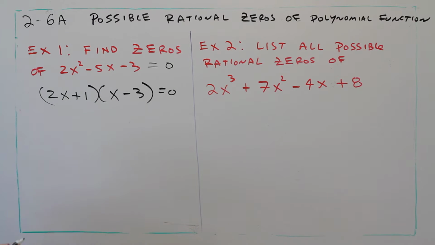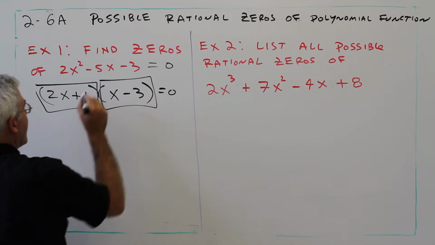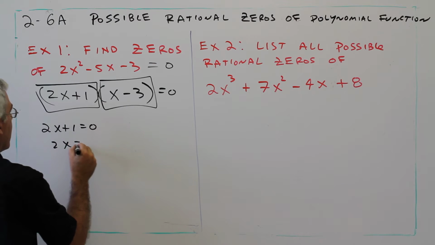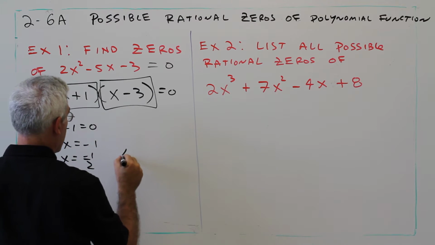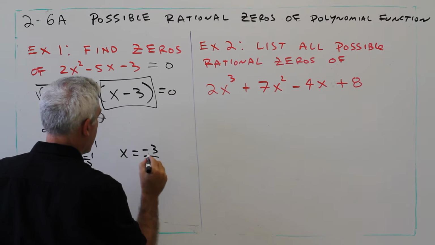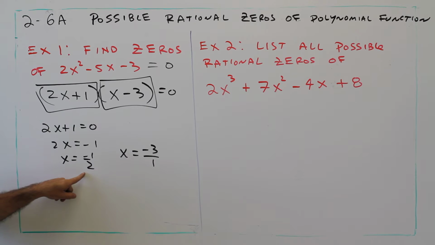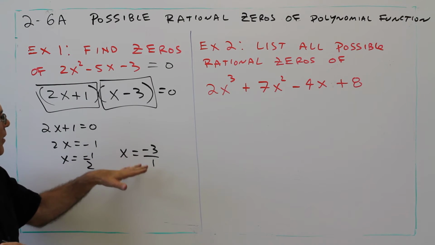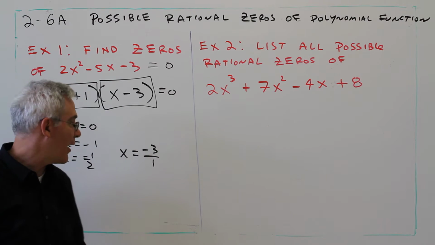Then to find the zeros, we chunk it up and set each chunk equal to 0. So one zero is negative 1 over 2. The other zero is negative 3 over 1. I'm writing it in rational form so you can better see what's going on.